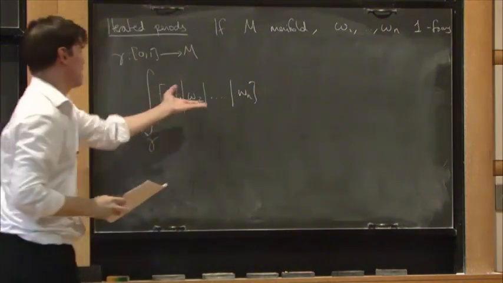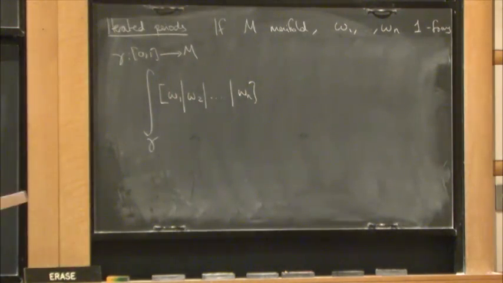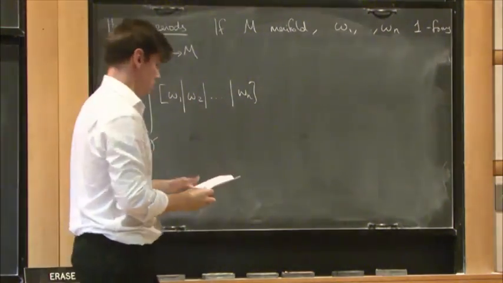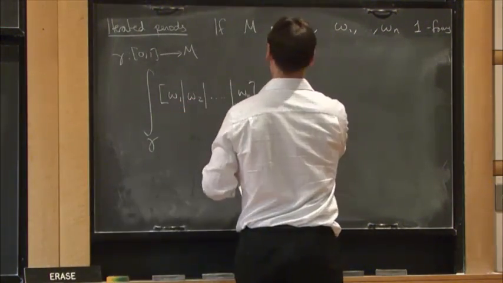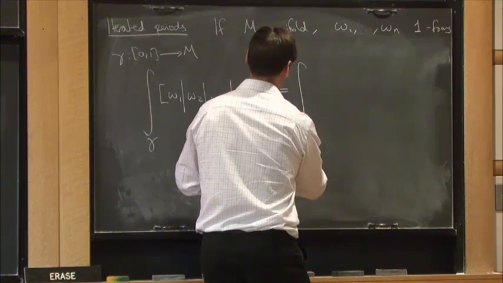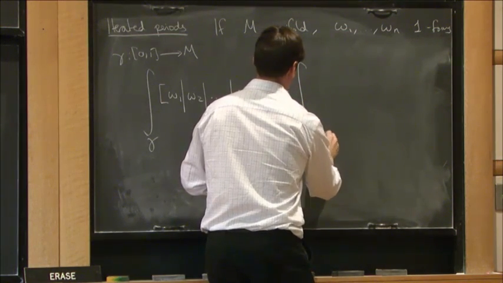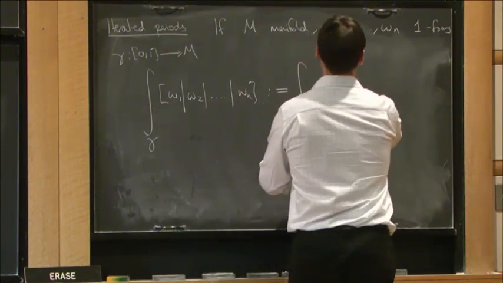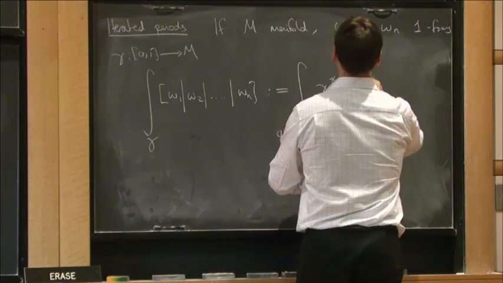Think of this as just the tensor product of the forms, if you like. It's just a notation. It should be multilinear in each argument. This is the integral over the same simplex we had before of the pullback of each differential form.